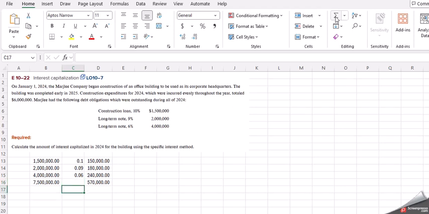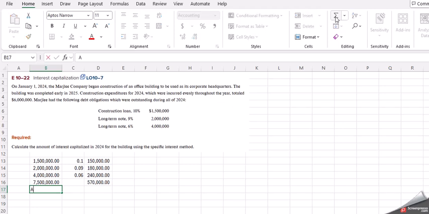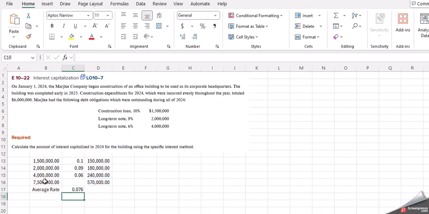So then to calculate an average rate, we take the interest that we paid on all of those, divided by the debt on all of that, and that gives us our average rate that we're going to use.